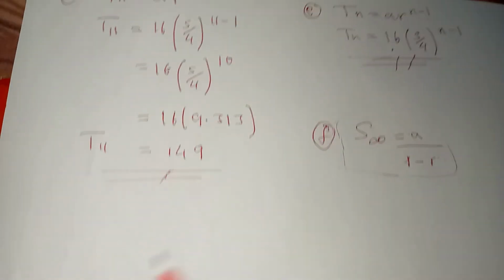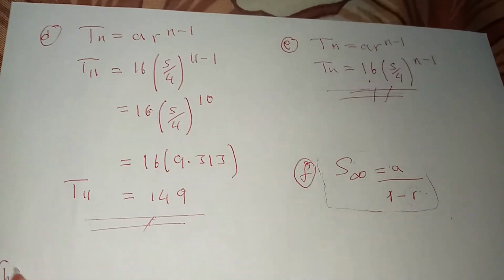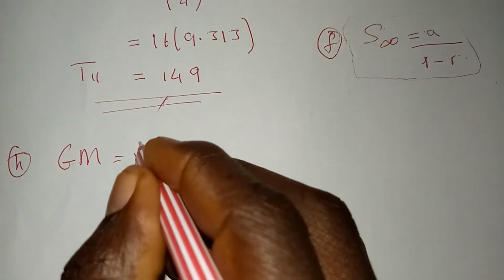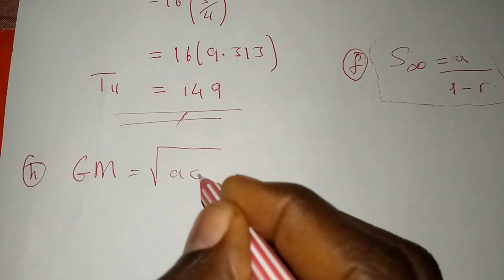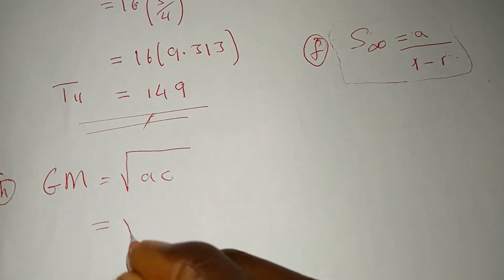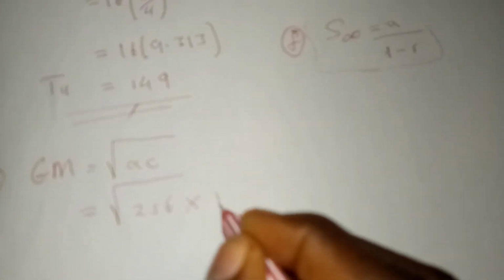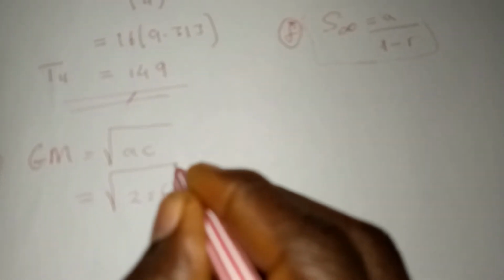Then the last question is saying the geometric mean of 256 and 1024. So GM is given by square root of AC. Then there you just say this is the square root of 256 times 1024.